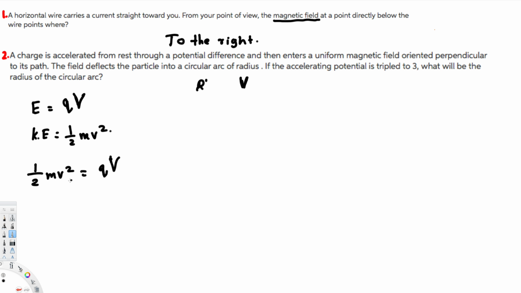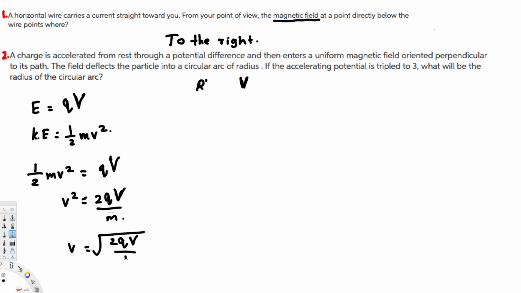Let's find the velocity. v squared is equal to 2qV divided by m, and so v is equal to the square root of 2qV over m.